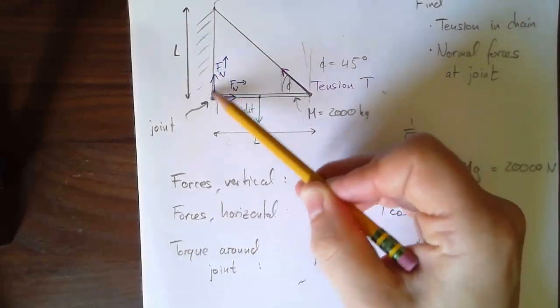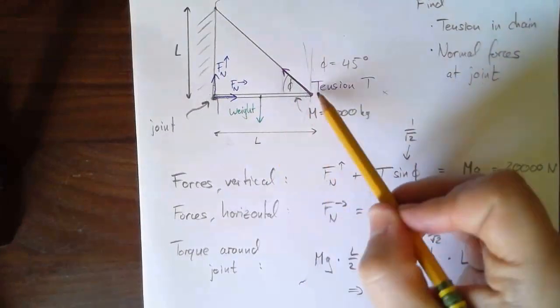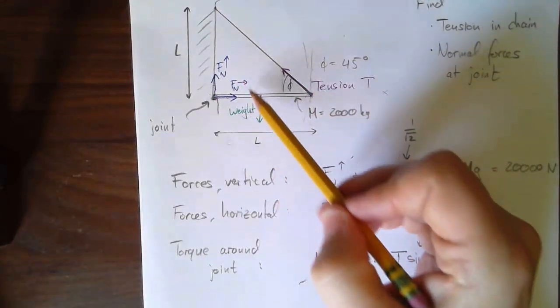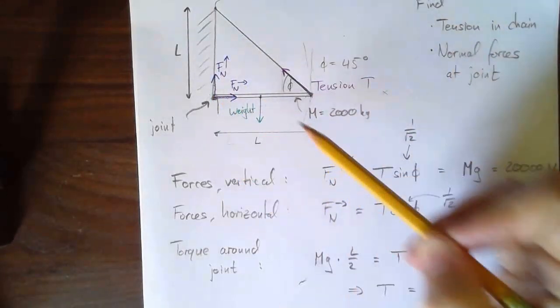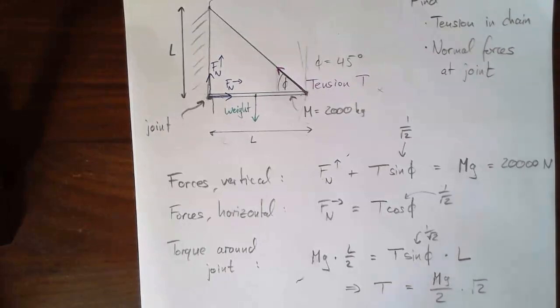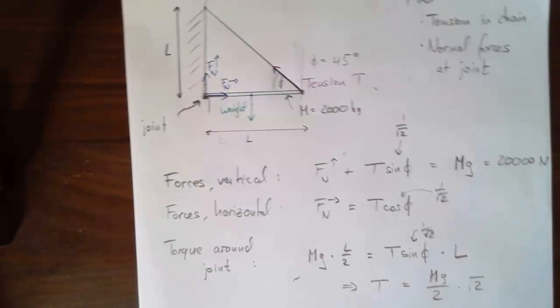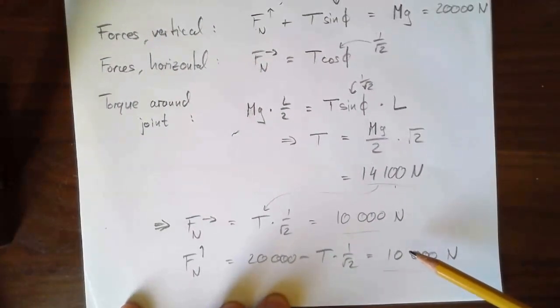So actually only this one would have contributed. Could have solved it that way. We could have picked this point here as our pivot. Then we would have had the weight competing torque-wise with this one here. Again, we would have got an equation. Could have put the pieces together differently in terms of the algebra, but we would have found the same answers in the end. Alright, so that was the drawbridge problem.